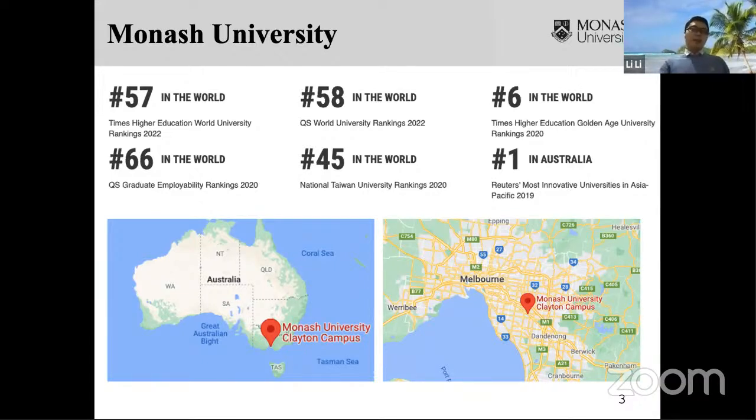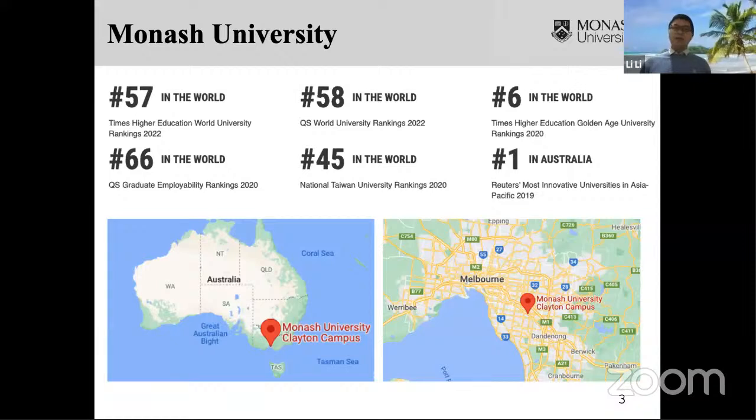As shown in the bottom two figures, Monash University is located in Victoria, particularly on the southeast side of the capital city of Victoria called Melbourne. As you can see in the bottom right figure, Melbourne has a very long beach side and is surrounded by a large green area, making it definitely a great place to live and to visit.